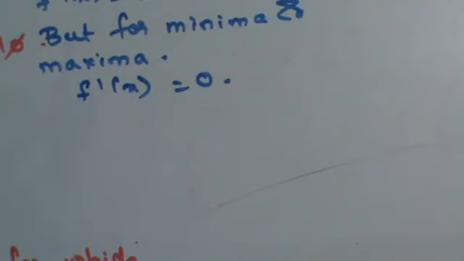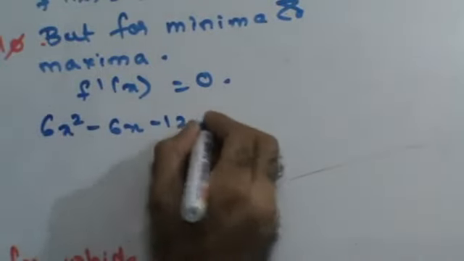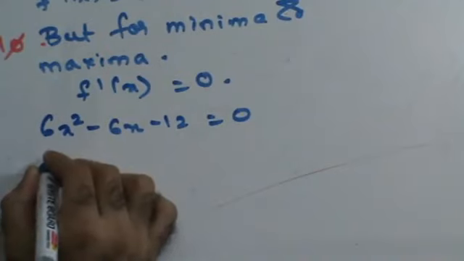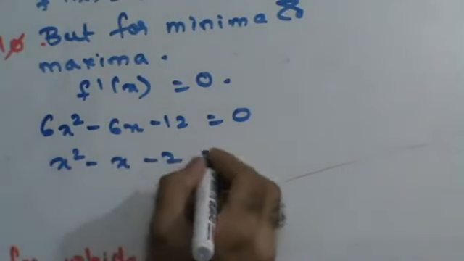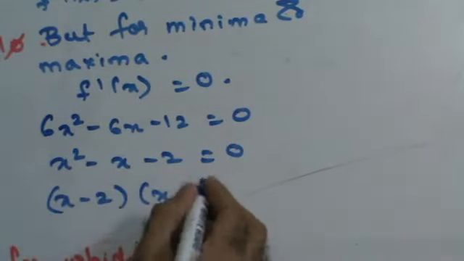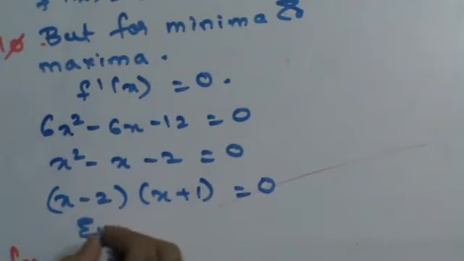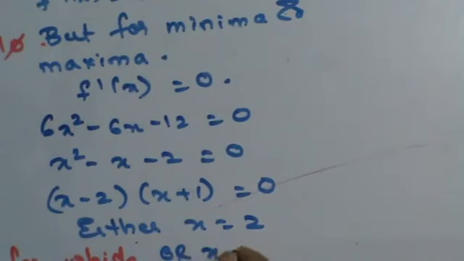So it will have minimum and maximum value when f bar of x is equal to 0. But f bar of x we found out is 6x square minus 6x minus 12 equals 0. Divide by 6, so I'll get x square minus x minus 2 is 0. Factor: x minus 2, x plus 1 is equal to 0. Either x is equal to 2 or x is equal to minus 1.